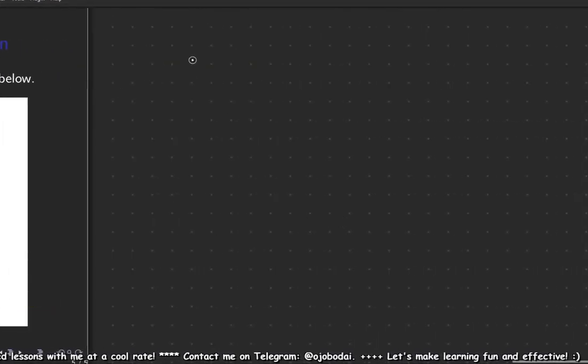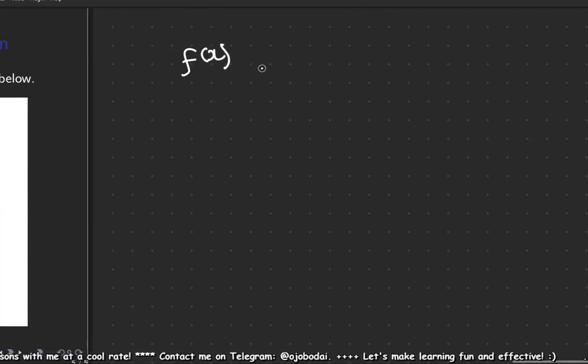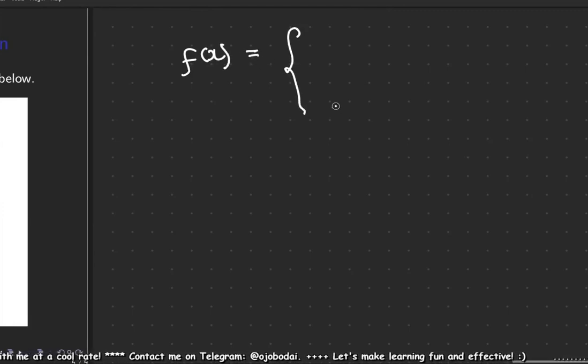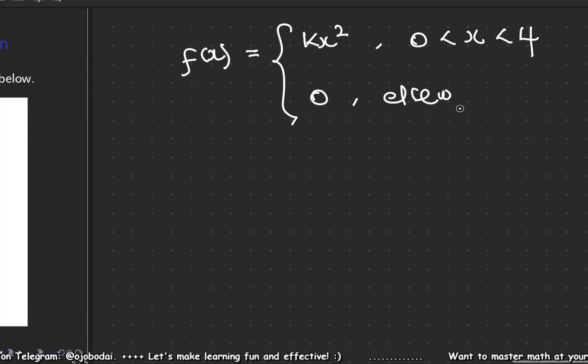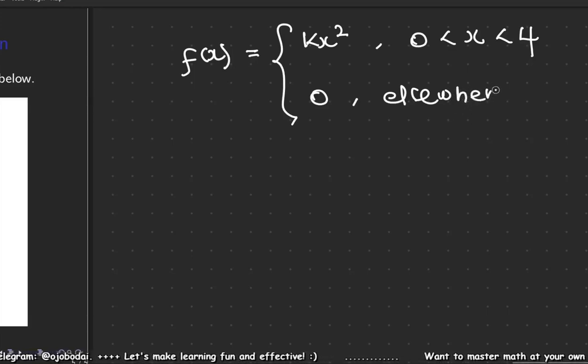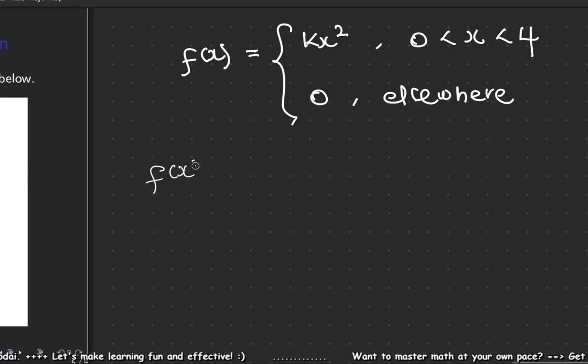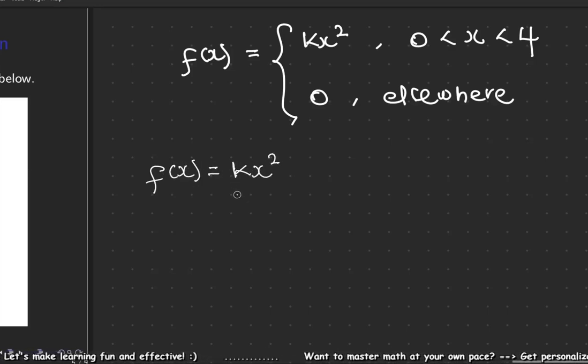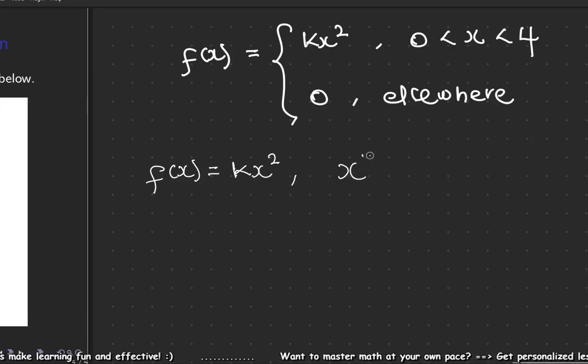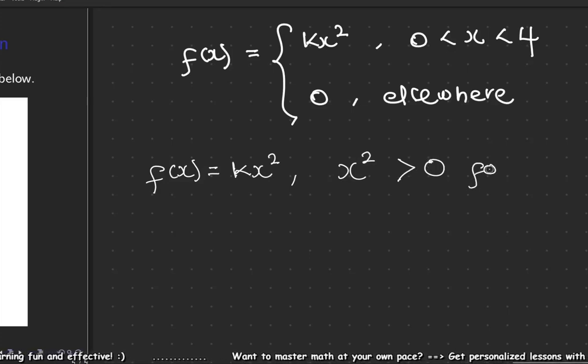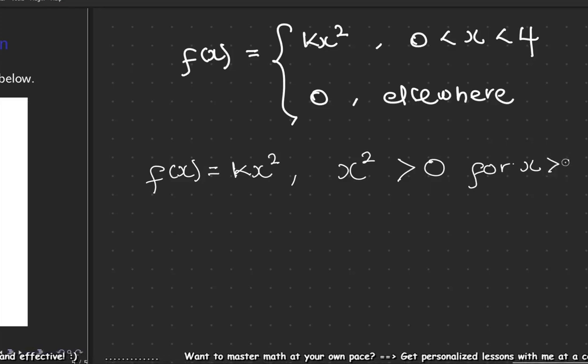The function we have been given, f of x, is equal to what we have over here. It is important to note that if we have this type of function, f of x being equal to k x squared, x squared alone is always greater than 0 for every x that is greater than 0.